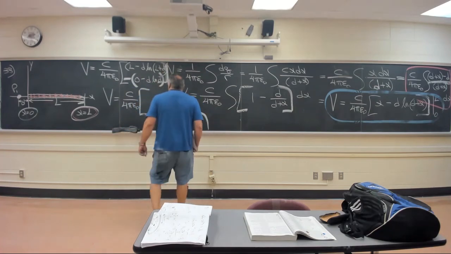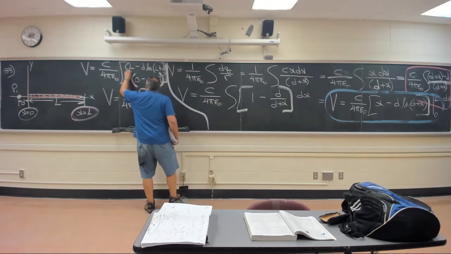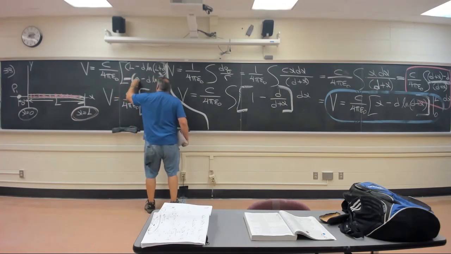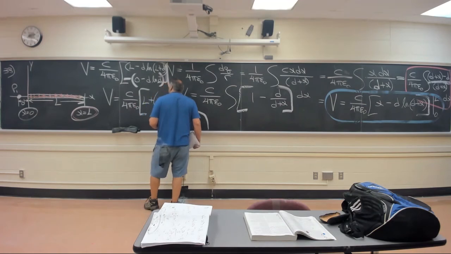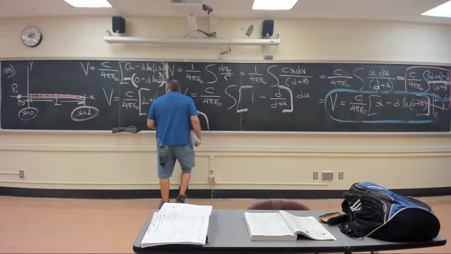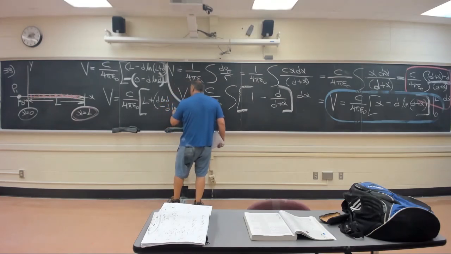You've got L plus L minus 0, capital L minus 0 is capital L. Then you've got d minus d ln d, minus d ln.